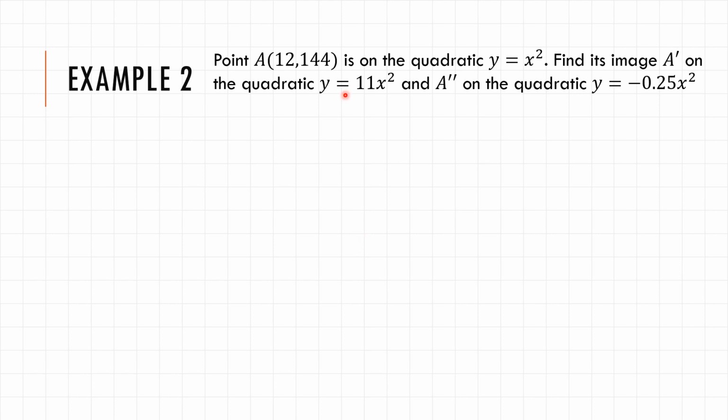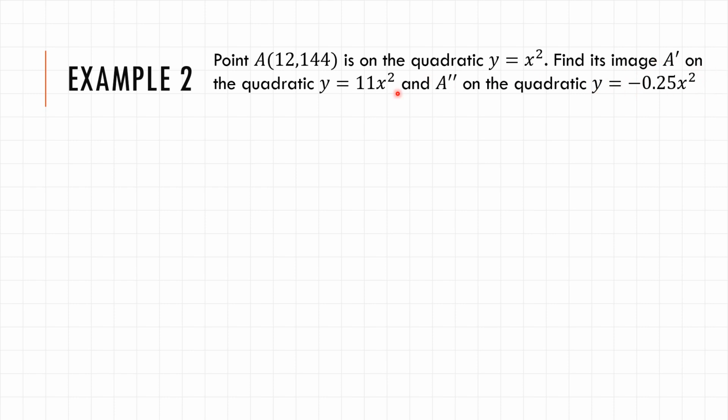In another example, we have a single point on this graph, y equals x squared. We want to find its image, A prime. So basically, where is its new location if the quadratic was transformed into this, and then its new location if the quadratic was transformed into this.